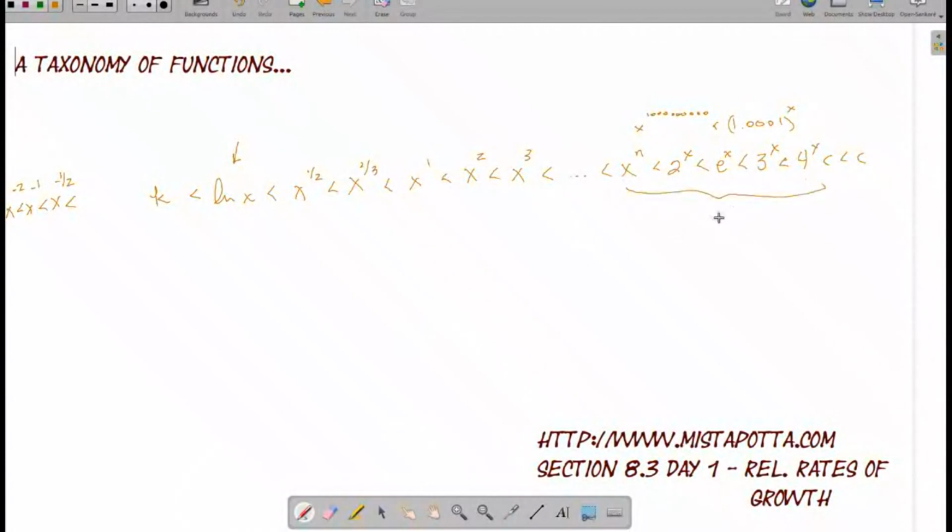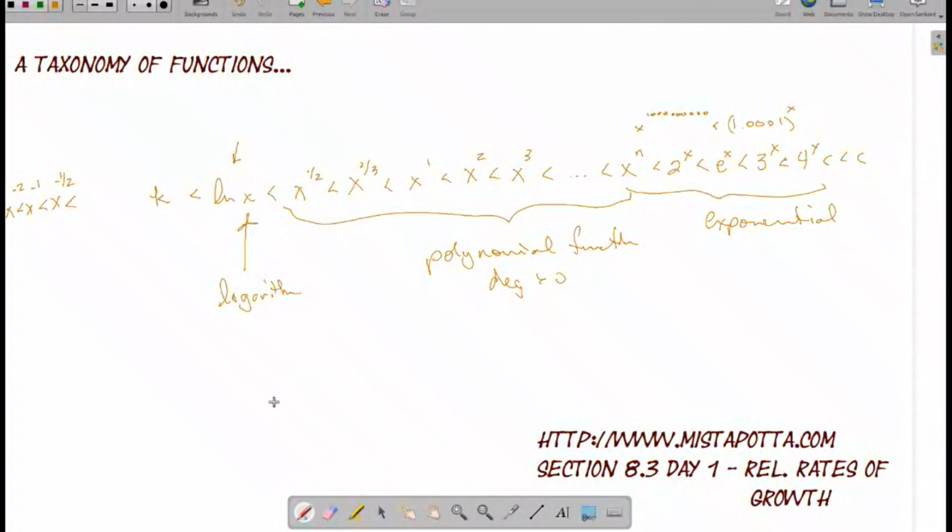So in this grand taxonomy of functions, I've got my exponential functions that really are kind of the top of the heap. I've got my polynomial functions where the degree is greater than 0. And then kind of standing alone, I've got the logarithms. And all of my logarithms will actually be at the same rate because I've got the change of base idea for logarithms.